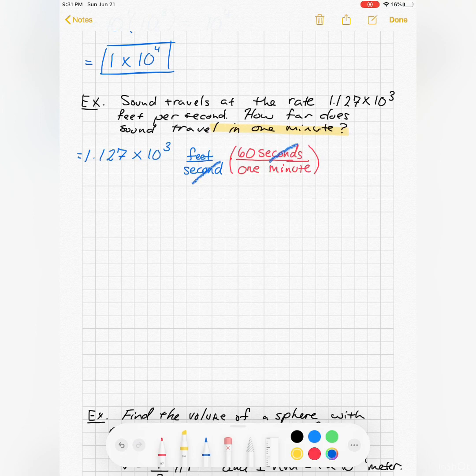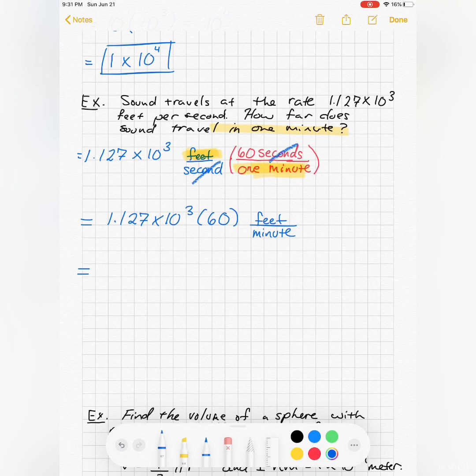And my answer is going to be in feet per minute. That was the question, right? How far does the sound travel in 1 minute? Okay, so that's going to be 1.127 times 10 cubed times that 60. And then what's left is my feet per minute. Okay, so then I just have to simplify this expression, then I have the answer that I seek.